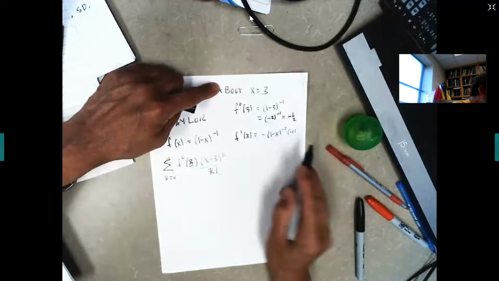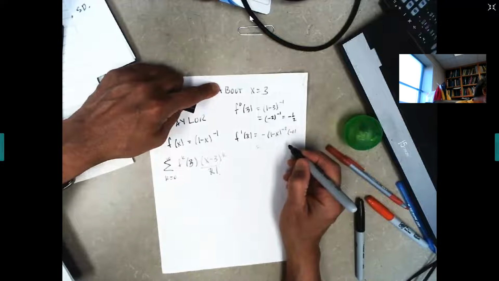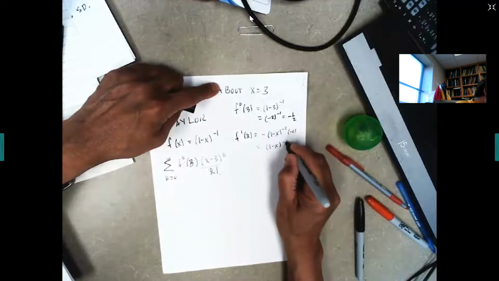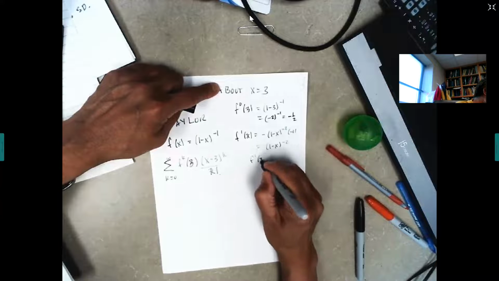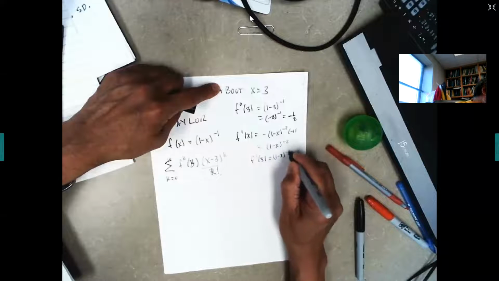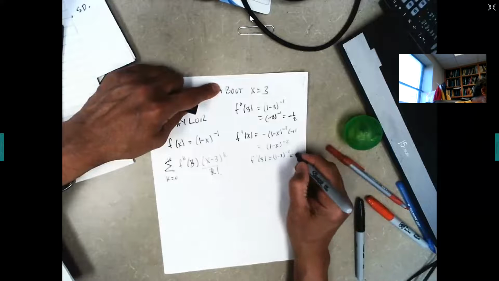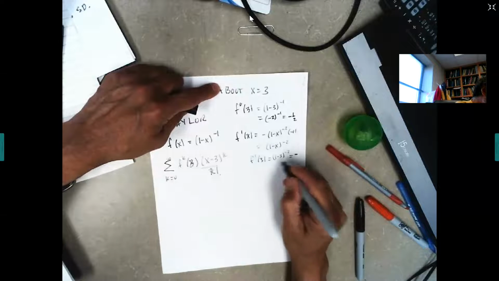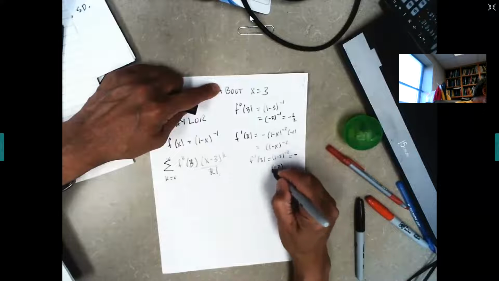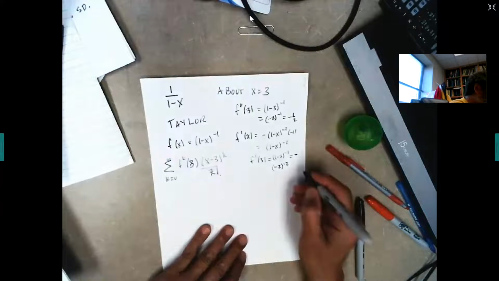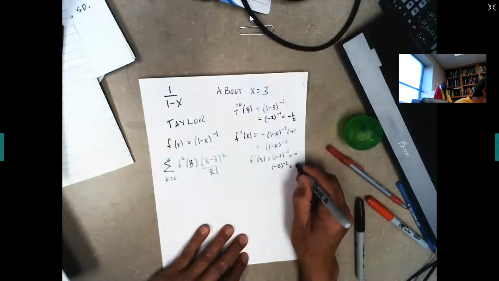Because of this, it works out to be 1 minus x to the minus 2, and f prime of 3 is negative 2 to the minus 2 power, which is going to be 1/4.